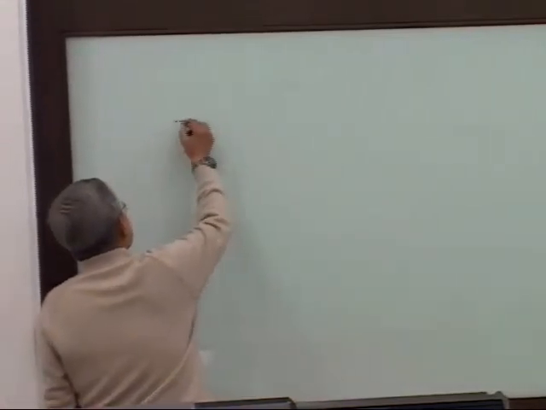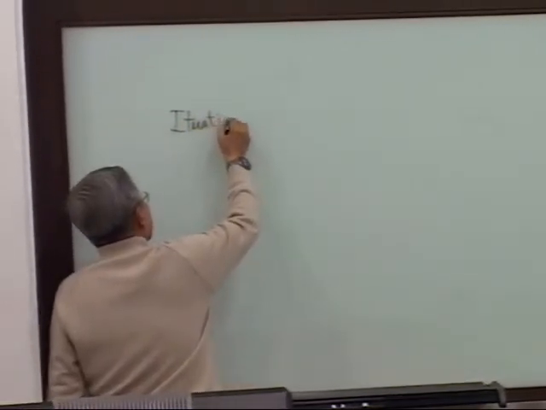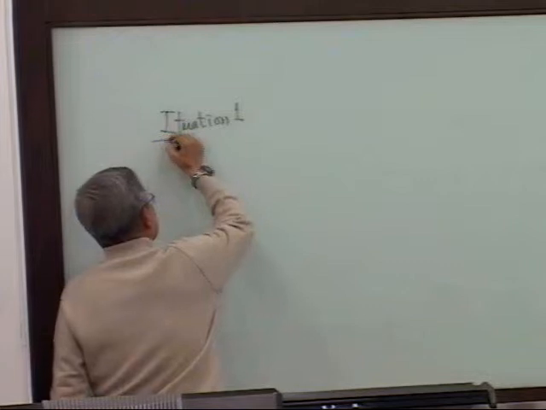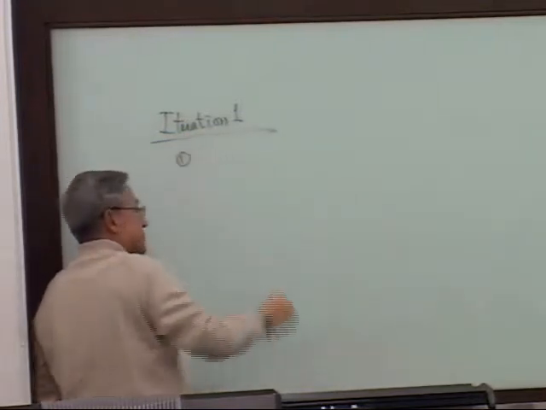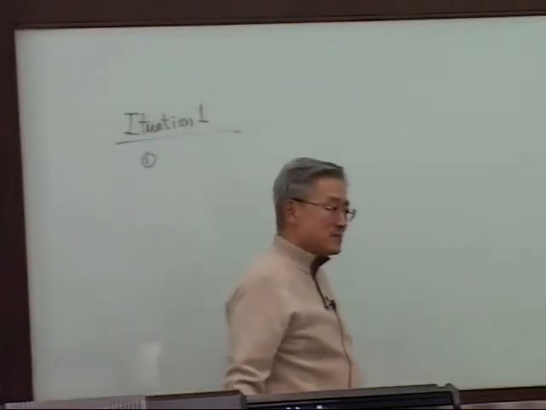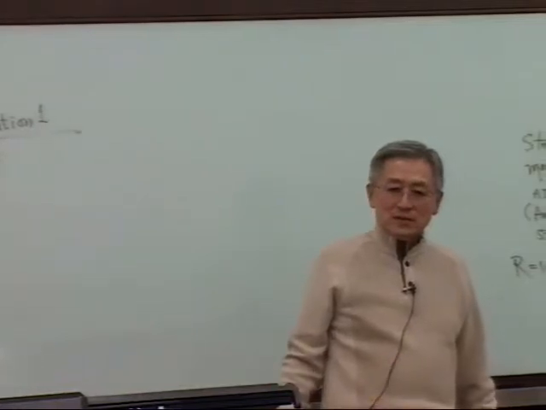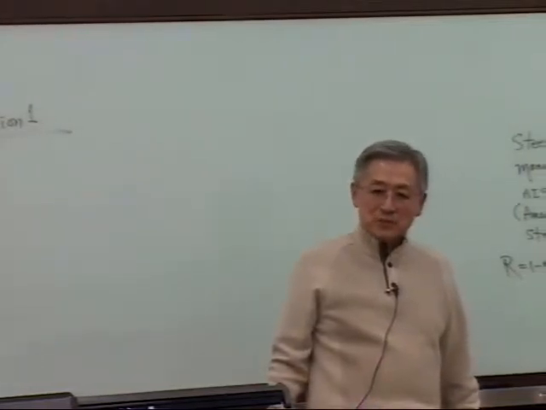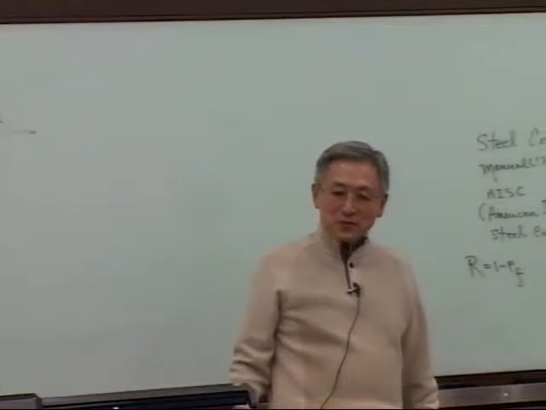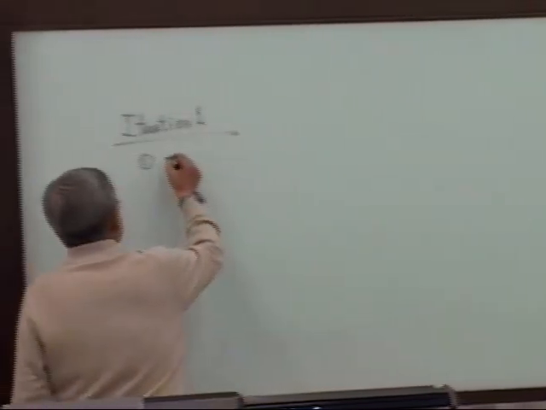Okay, iteration number 1. What's the first thing to do? Yongyan, you were top in the midterm. What's the first parameter to compute? U naught. Okay, what's U naught?